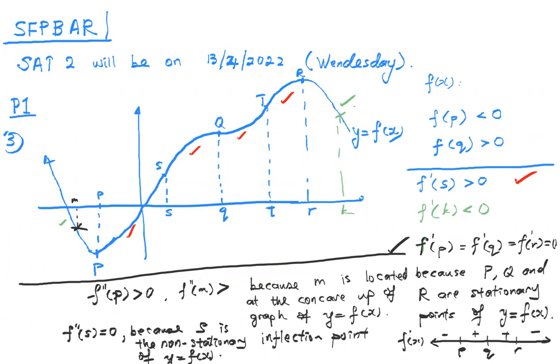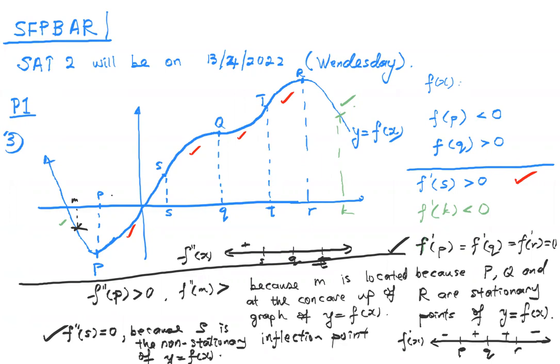You get me? So based on here, I'm able to draw the sign diagram of my f double prime x. So what must I mark on the line? Those that make it 0. Am I right? That is S, Q, and T. This is positive because I smile.